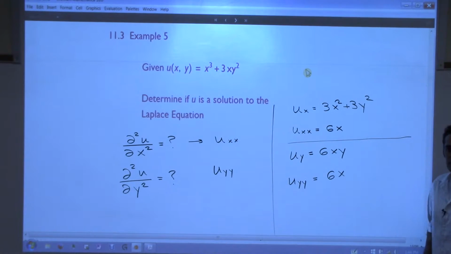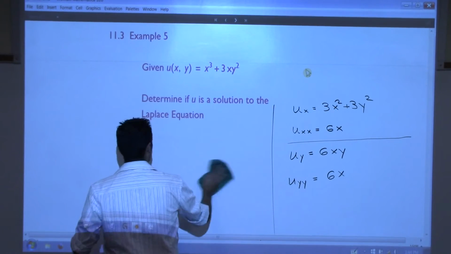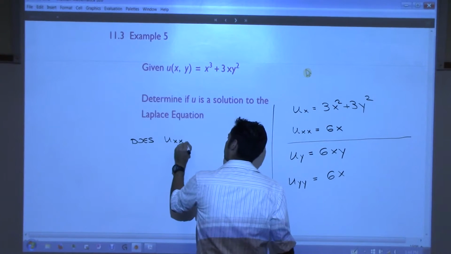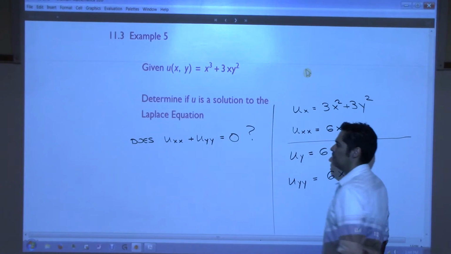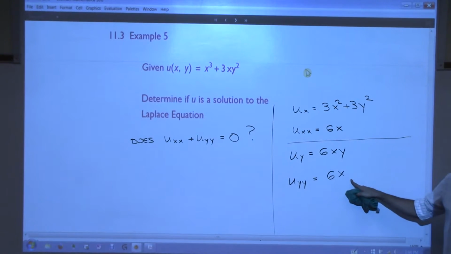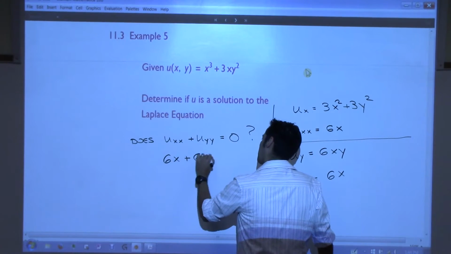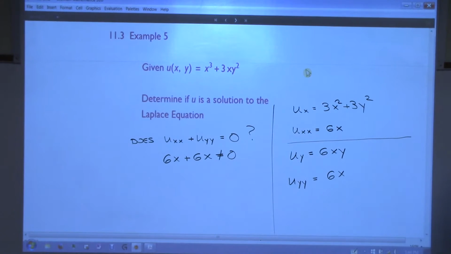So now the question, does this satisfy the Laplace equation? Yes or no? Does uxx plus uyy equal 0? Does 6x plus 6x equal 0? No. Well, it does if what?